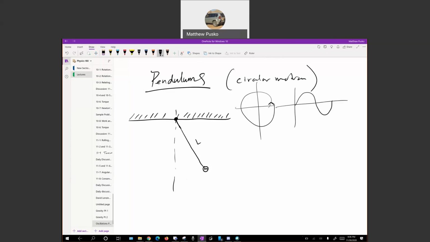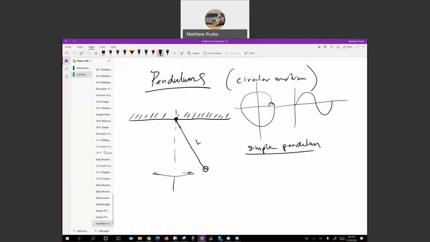Or if it was swinging through air, it's going to lose some of its energy to drag, or the frictional force of fluid. But it's going to go back and forth regardless. And that represents simple harmonic motion. We're going to look at what's called the simple pendulum. And then I'll talk about what the physical pendulum is and what the difference is.